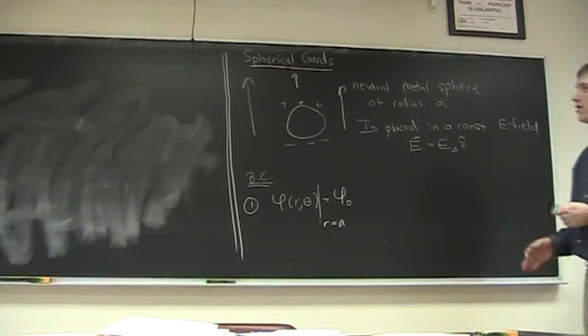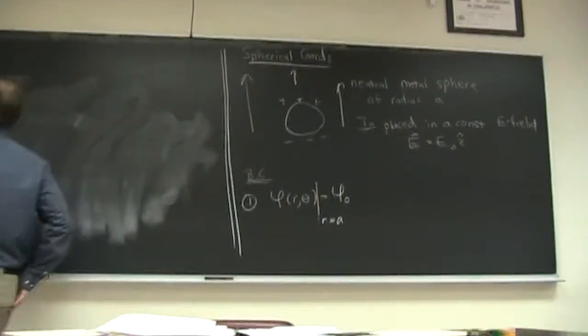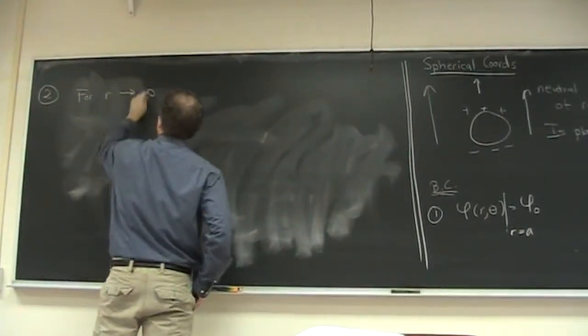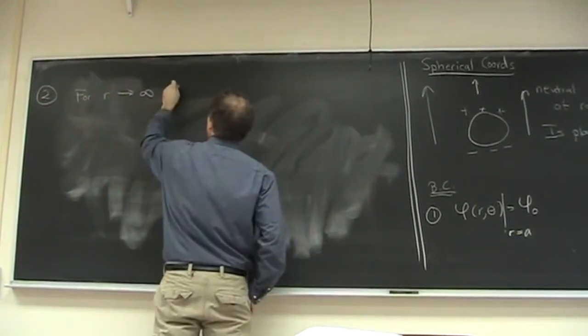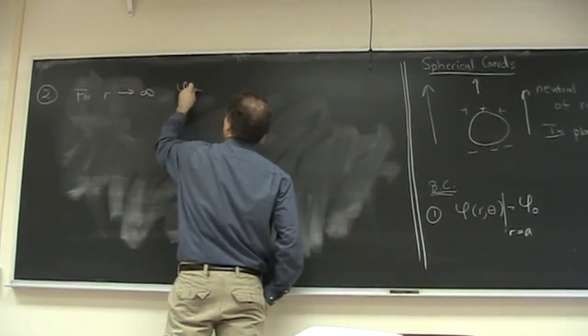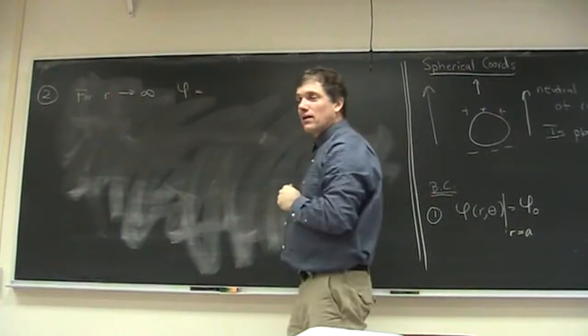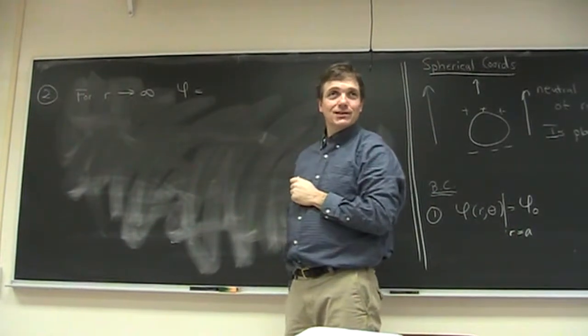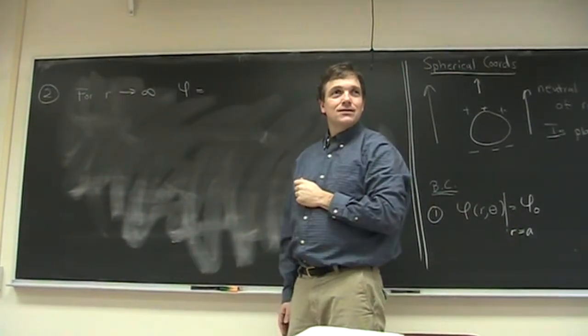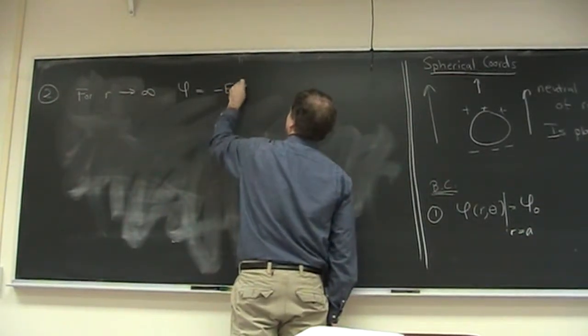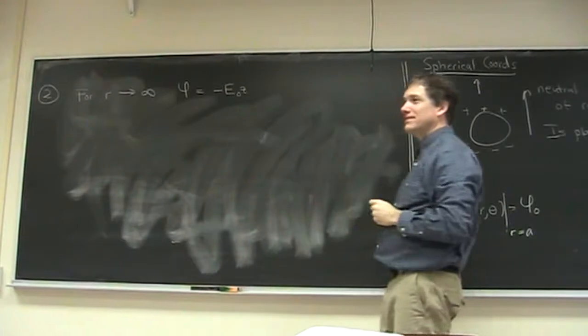And so it says that for r going to infinity, the potential phi corresponds to a constant electric field in the z direction. So the potential is minus E naught z, so d phi dz is E naught.